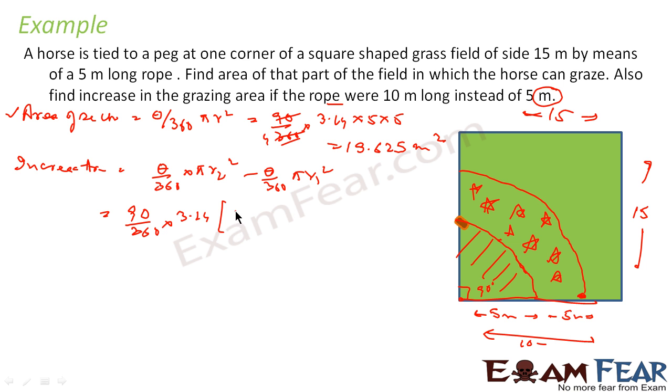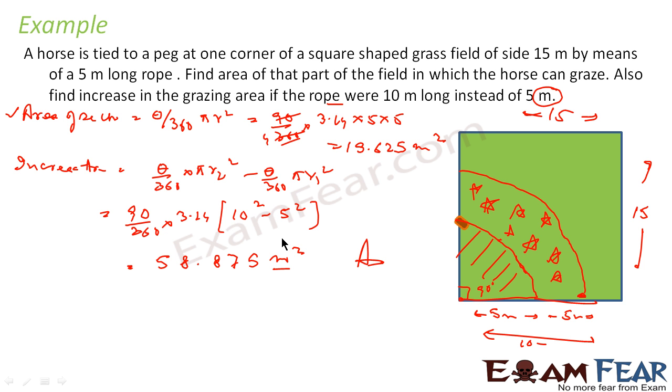So r2 square is 10 square minus 5 square. If you solve this, what you get is 58.875 meter square. Why meter square? Because the unit is meter and we are talking about area. I'm not solving this fully, you can solve it.